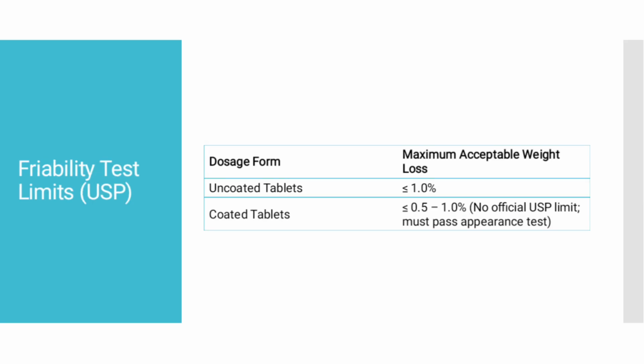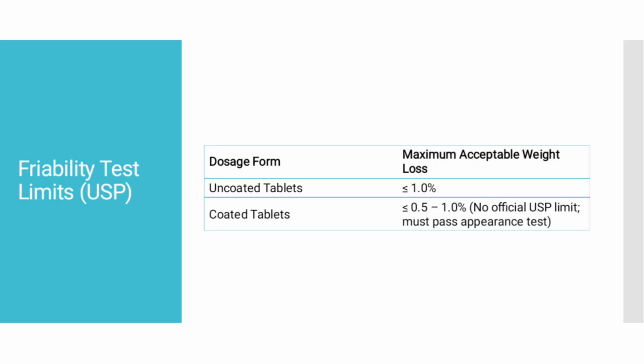Moving to next one, friability test USP. Friability test is used to check the mechanical strength of tablet, that is, how well a tablet can resist abrasion during handling, packaging and transportation. Right? According to USP, for uncoated tablet, the maximum accepted weight loss is not more than 1%.